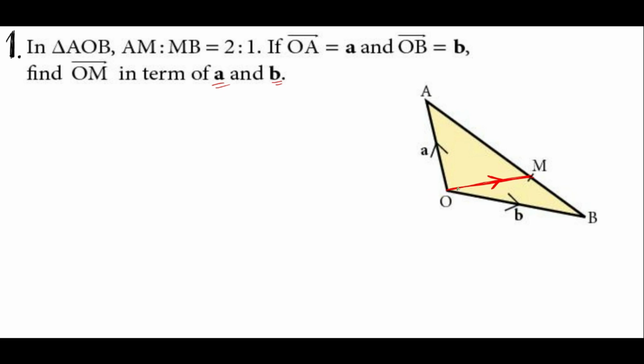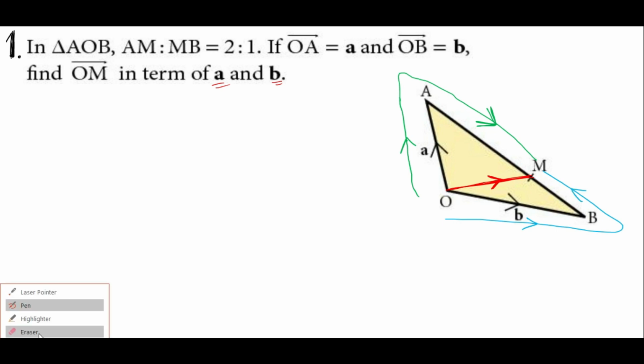Now look at the alternate pathways to reach from O to M. You can start from O, reach A, so this is the direction that you take, and from A you can reach M, and this is the direction. Similarly, if you want to take the other route, you can go from O to B, and you can take this way from B to M. So you can use both these ways, and I'll be taking this path.